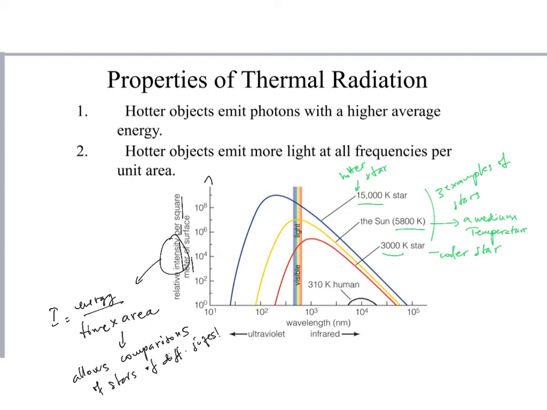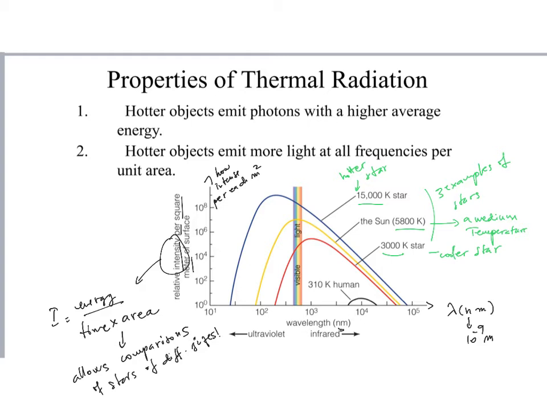We are only looking at how much light per square meter. We have this as a function of wavelength, here in nanometers. Remember, nano is 10 to the minus 9 meters.